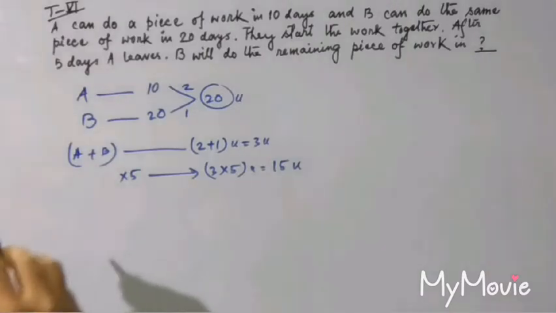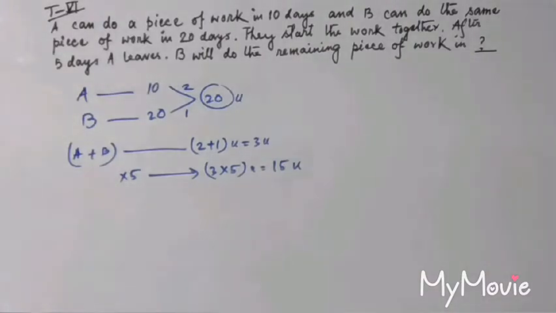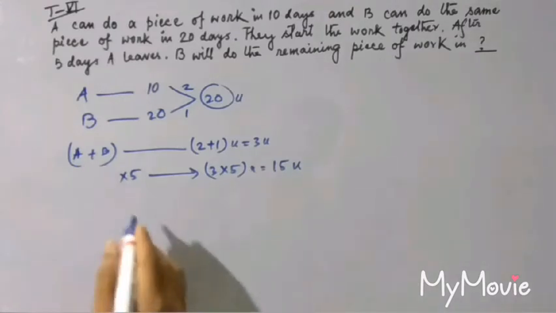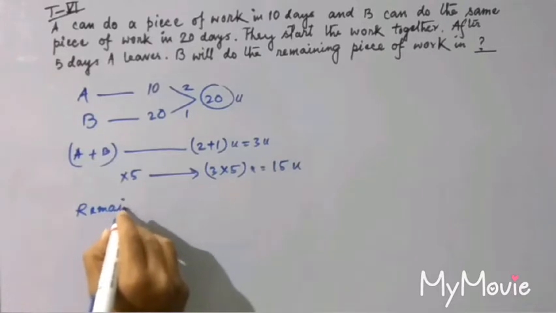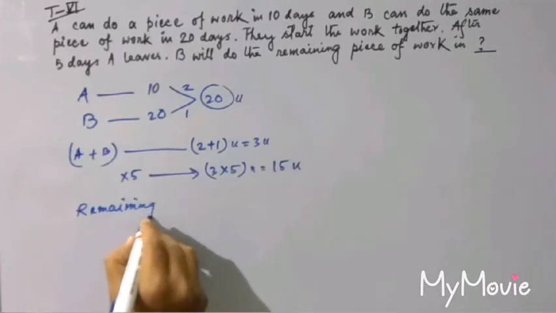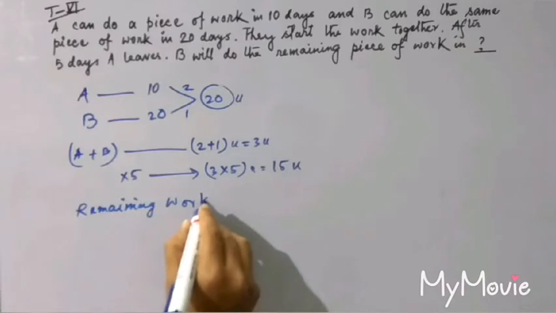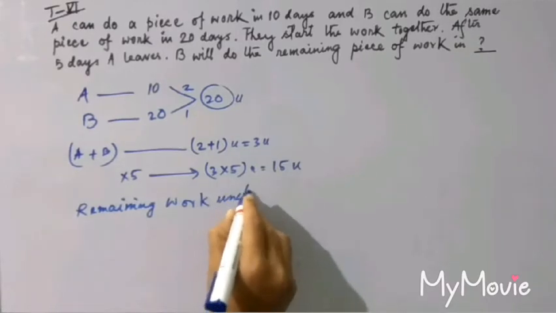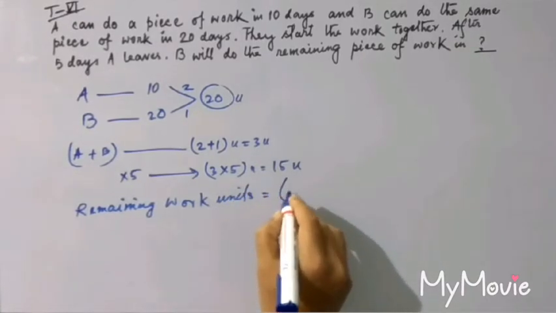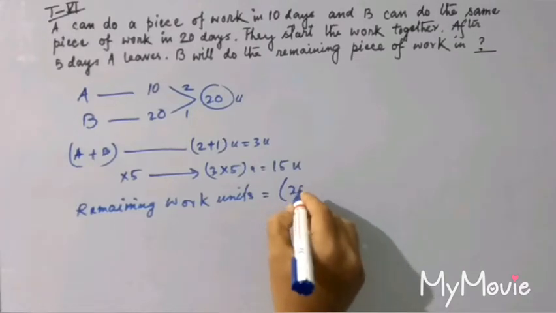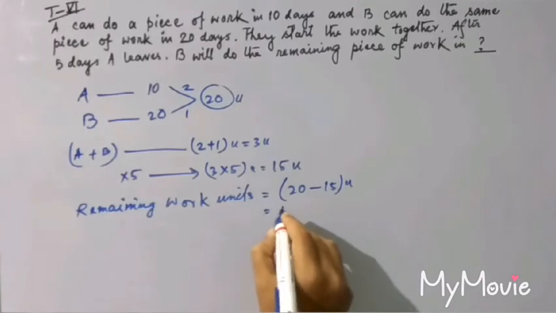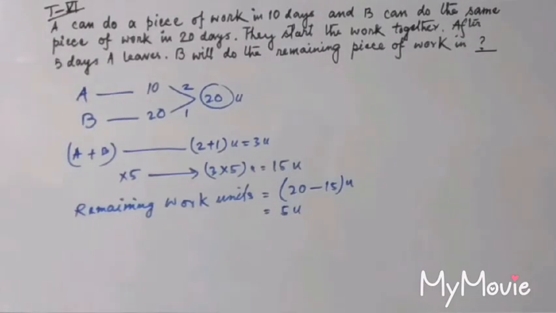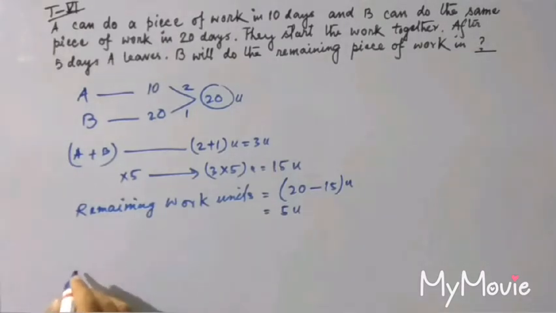After 5 days A left and then B performs the remaining work solely. So the remaining work is equal to 20 minus 15, that is equal to 5 units, and those 5 units must be done by B alone.